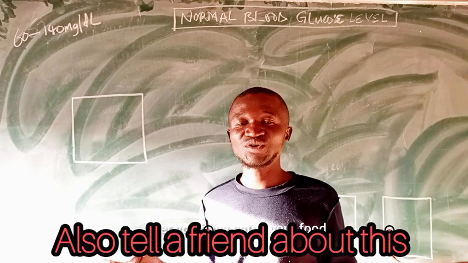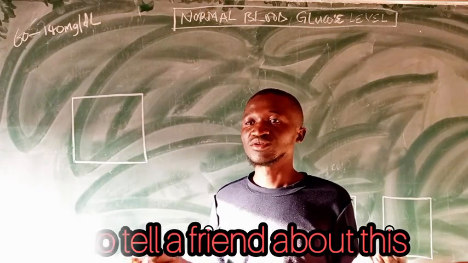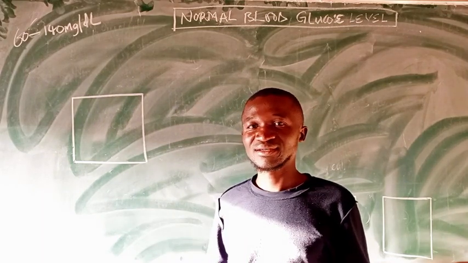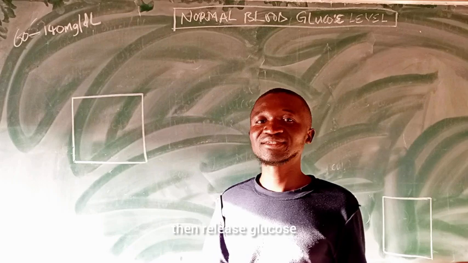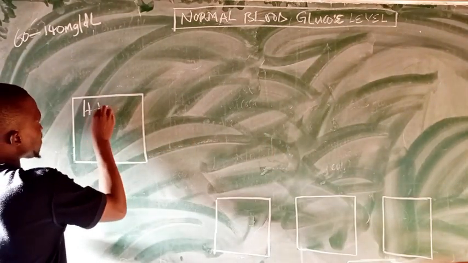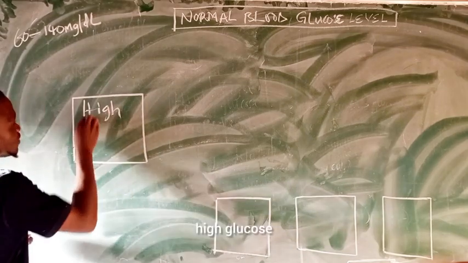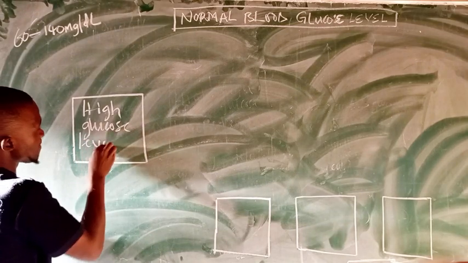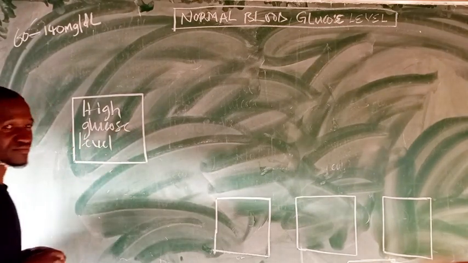After you have eaten your food, the food will metabolize, catabolize, then release glucose. Then you will now have a high glucose level in your blood.